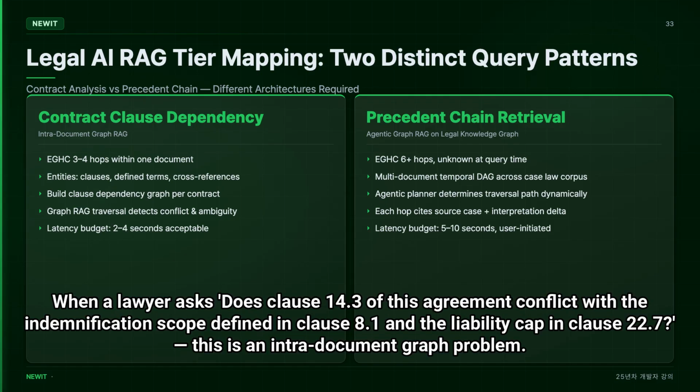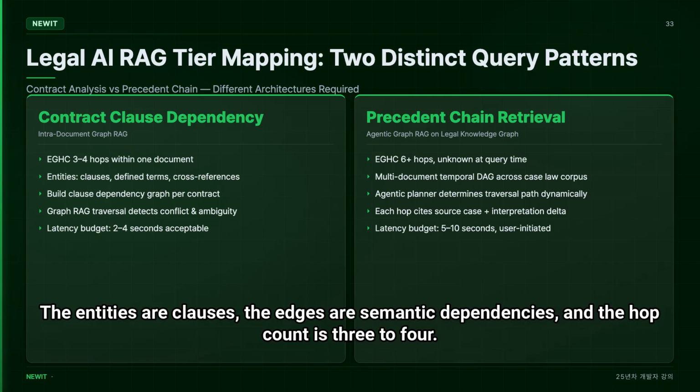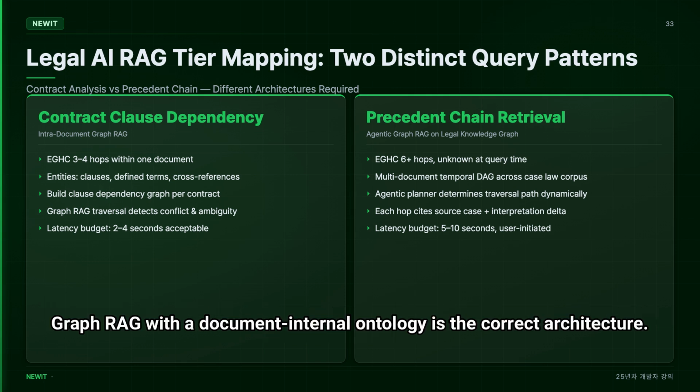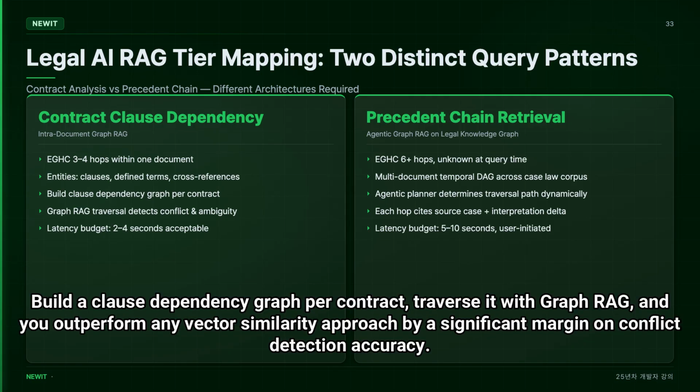When a lawyer asks, does clause 14.3 of this agreement conflict with the indemnification scope defined in clause 8.1 and the liability cap in clause 22.7? This is an intra-document graph problem. The entities are clauses, the edges are semantic dependencies, and the hop count is 3 to 4. Graph RAG with a document internal ontology is the correct architecture. Build a clause dependency graph per contract, traverse it with graph RAG, and you outperform any vector similarity approach by a significant margin on conflict detection accuracy.